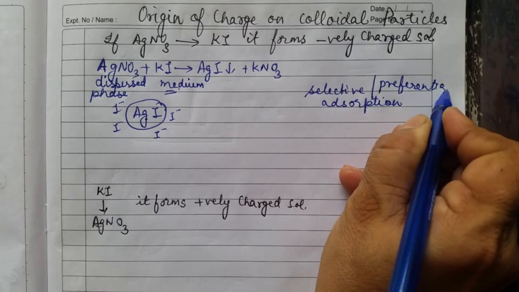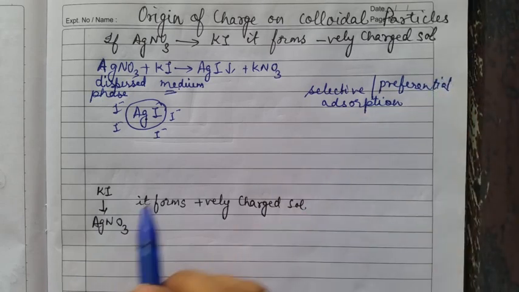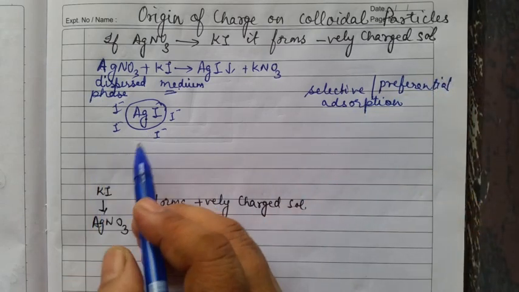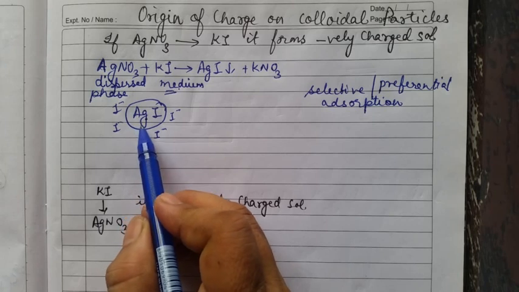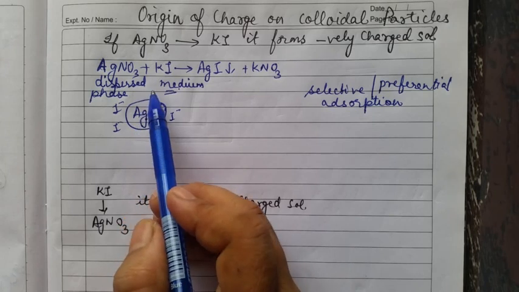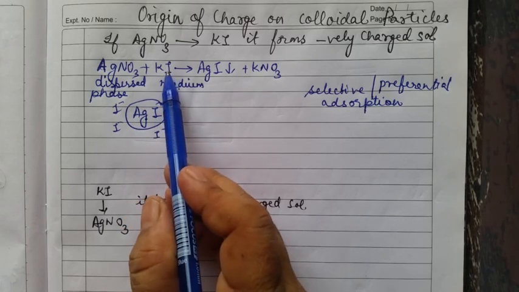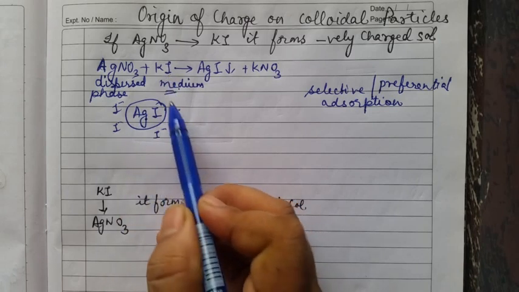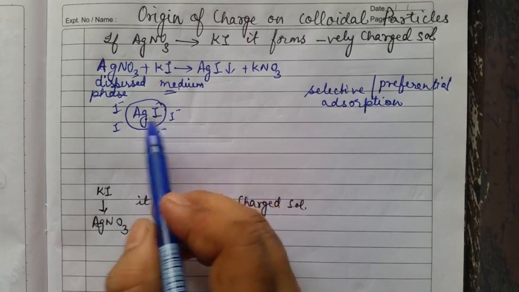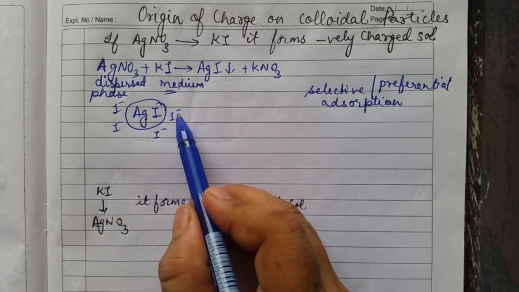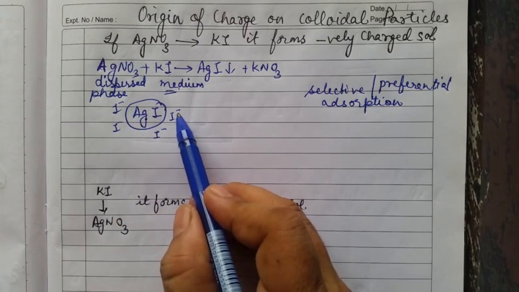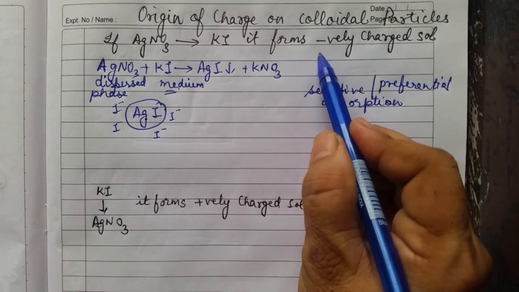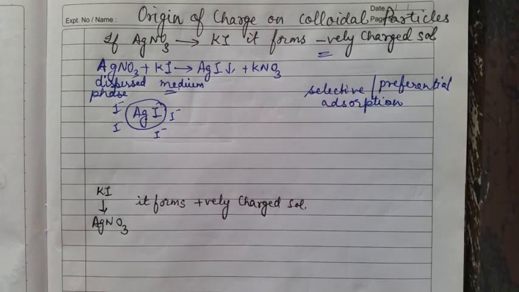These are the terms which we use. So AgI precipitate is there, and because the precipitate and the medium had I minus in common, I minus will surround the precipitate. So what charge is acquired on AgI? I minus charge, so it is forming negatively charged salt.